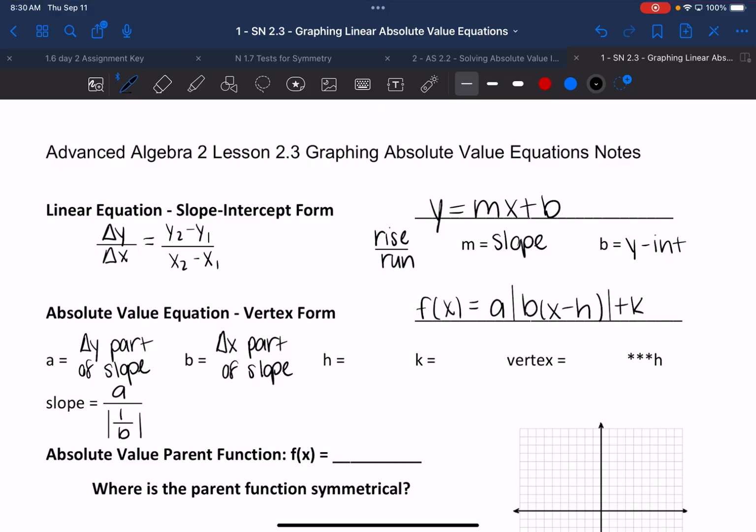Okay, and then like I said, h and k you guys are probably already familiar with because you've seen those with your quadratics. Your h, the part that's inside of that parentheses with x, clearly is going to affect your x, which moves things left and right. Okay, so this is going to be the x coordinate of the vertex.